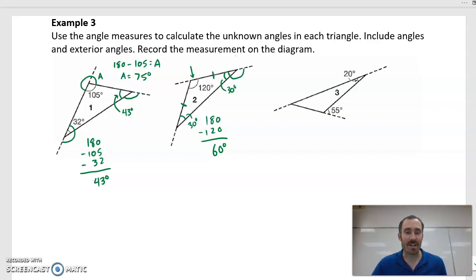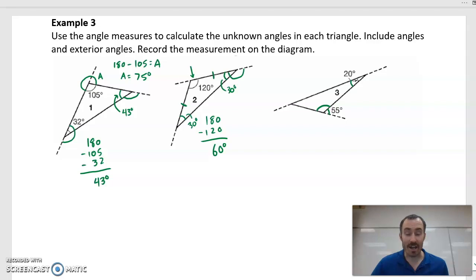Now the last one gives us a slightly different set of information, and so figuring out the interior angles will take one extra step. So I know that this top one over here is 20, and I know that the exterior angle over here is 55 degrees. And so I really want to know what this one is.